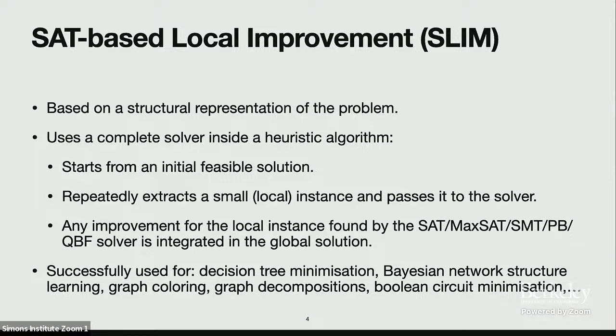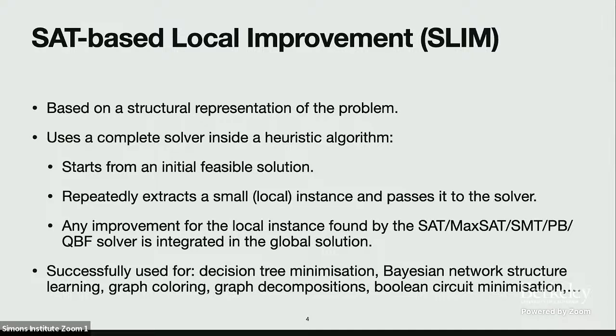We assume we have some suboptimal solution as an input. So there's some oracle that gives us some solution. And then we repeatedly use this structure we originally defined to find a smaller part of the instance that is small enough so we can give it to a complete solver and get hopefully some better small solution. And then we have some mechanism that reintegrates this improved solution in our global solution.